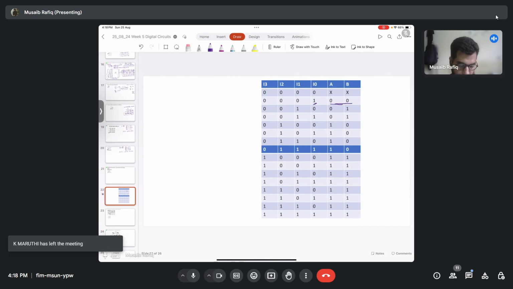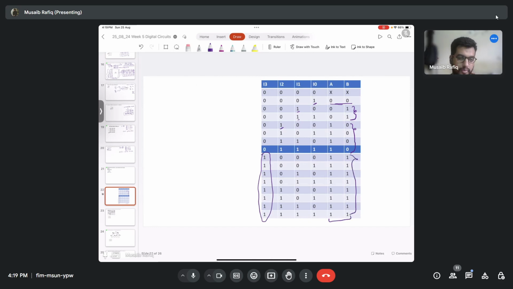When I1 is 1, regardless of the I0 value, my output will be 0 1. When I2 is 1, regardless of the value of I1 I0, my output will be 1 0, that is 2. And when I3 is 1, whatever the value of I2 I1 I0, my output will be 1 1, that is 3. So this is the priority encoder.